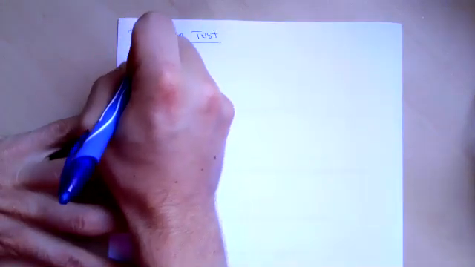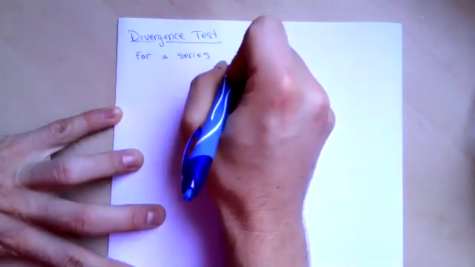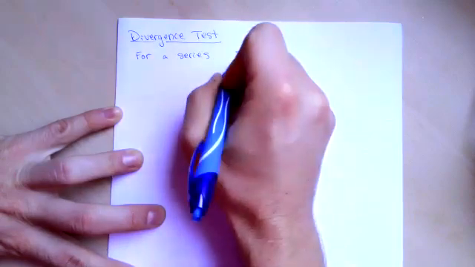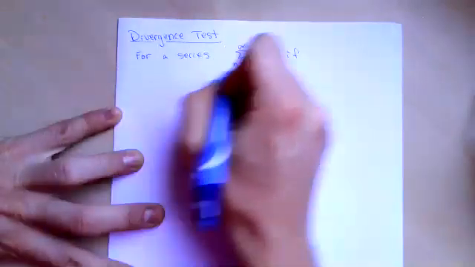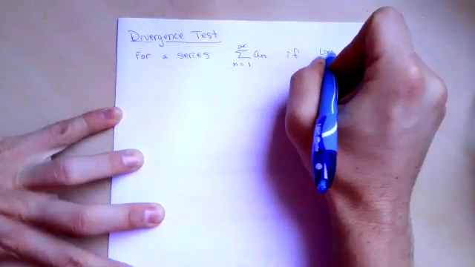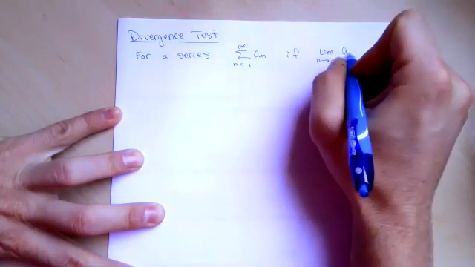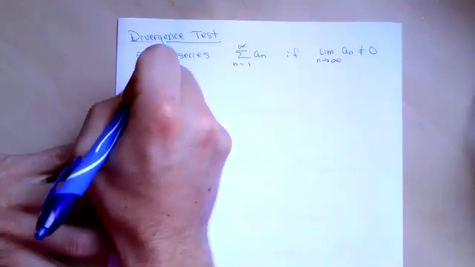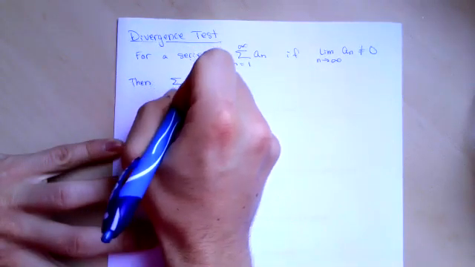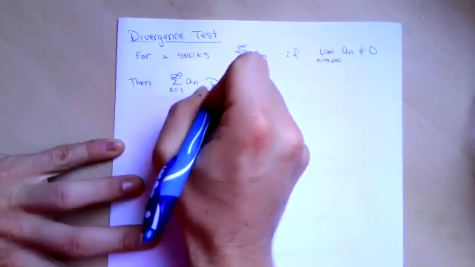So the divergence test simply says that for a series, if the limit as n goes to infinity of a_n does not equal 0, then the series itself diverges.